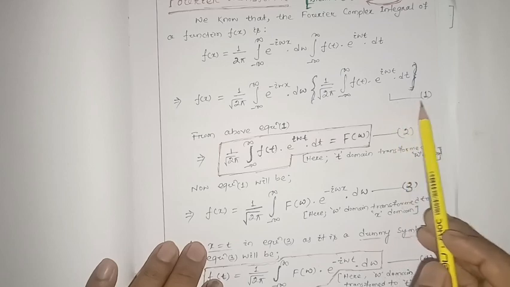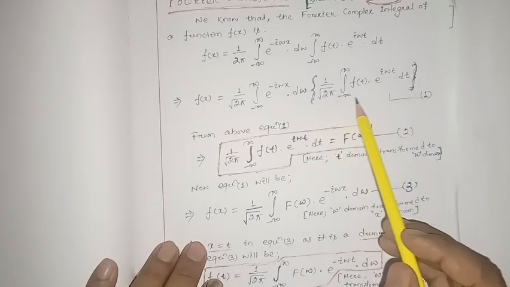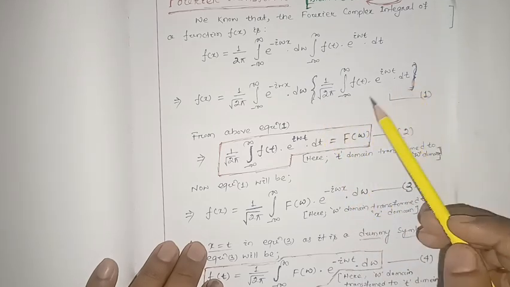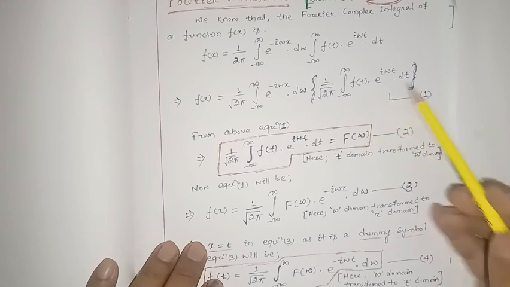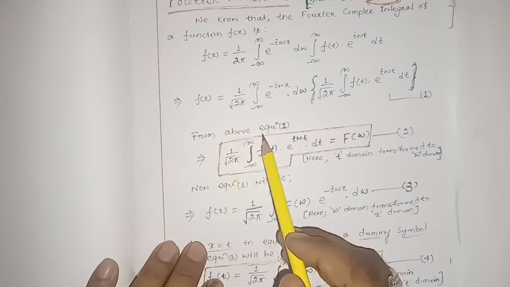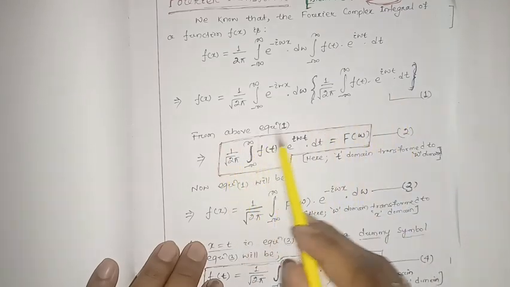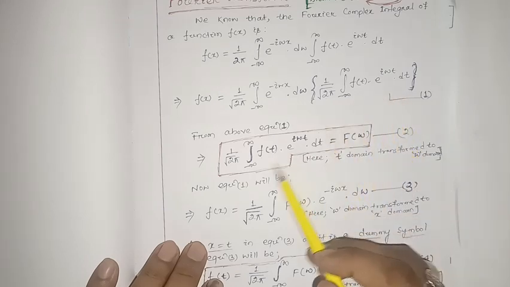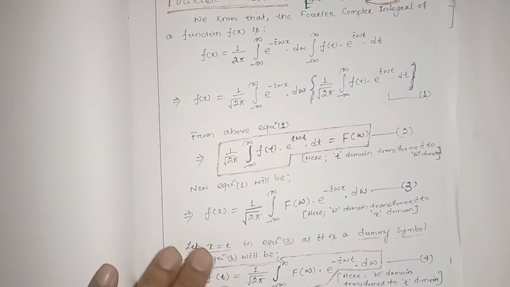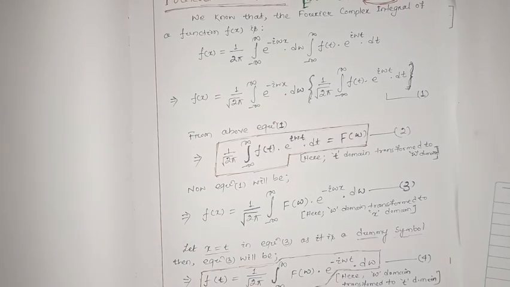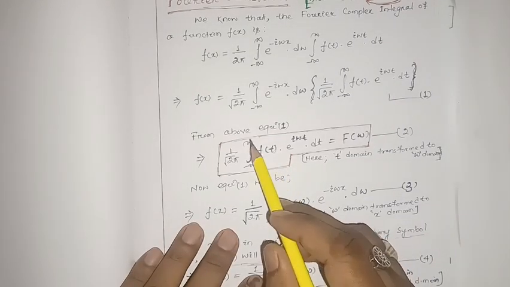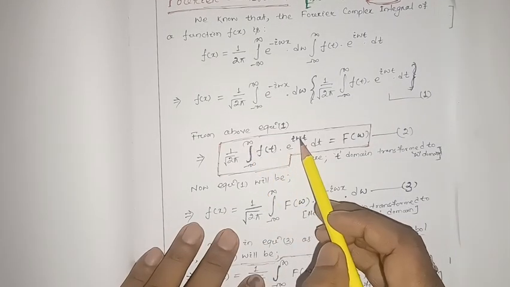In equation number 1, if I integrate this inner integral, we get another function which will be a function of omega. After integration we substitute the limiting values instead of t, and omega acts as a constant.